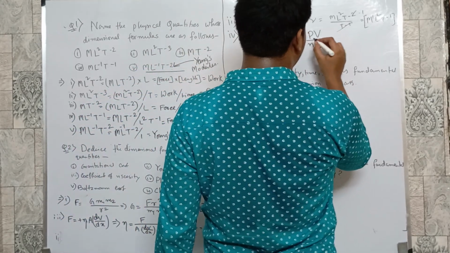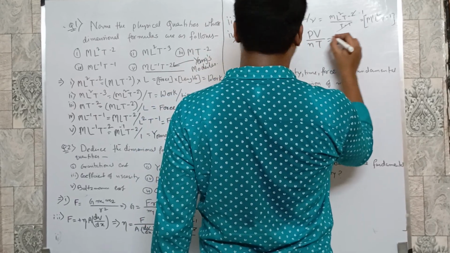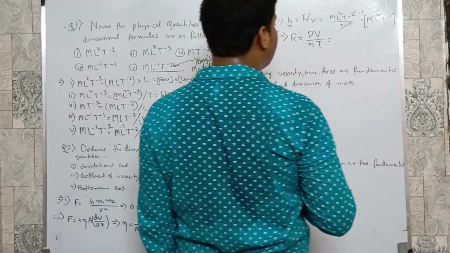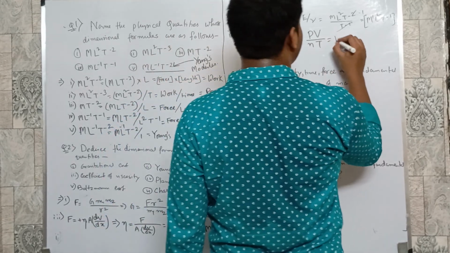So pressure is basically force per unit area. Force we found out earlier is M L T minus 2, divided by area L square, so M L minus 1 T minus 2.